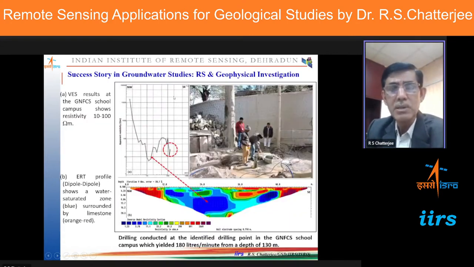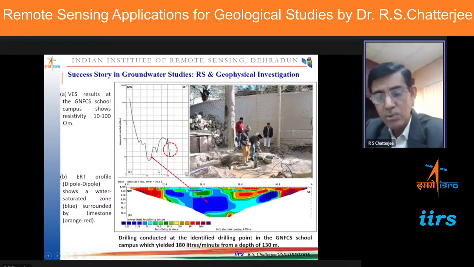Okay. Now, along with remote sensing, we should have geophysical investigation. If you have some geophysical investigation, then we can characterize the aquifer. This is one example in the Mussoorie area, over the ridge. Initially from the remote sensing image, we identified the lineaments, which can serve as a long avenue for groundwater flow.